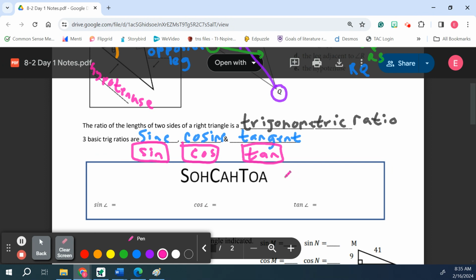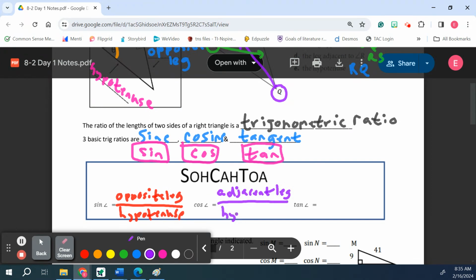Otherwise, you can memorize. In this case, the sine of an angle is going to be the opposite leg over the hypotenuse. The cosine is going to be the adjacent leg over the hypotenuse.